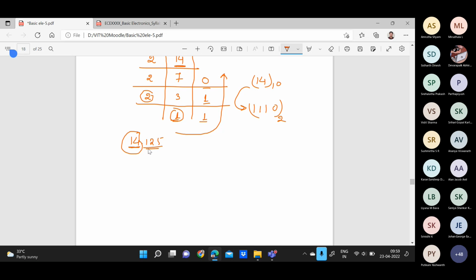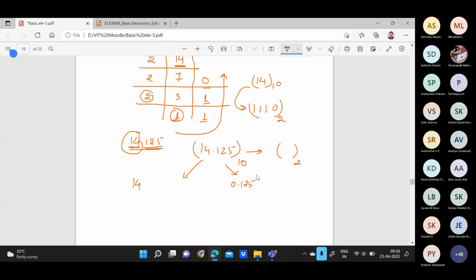So in the same case, if you have the number 14.125 in the decimal number system, how do I convert it to binary? The procedure says you have to separate the integer and the decimal parts. So I am separating 14, and the next number I am taking as 0.125.